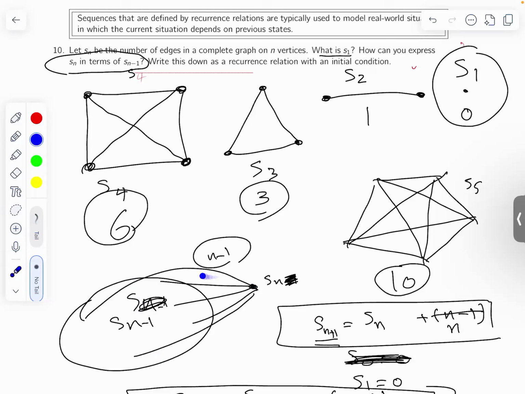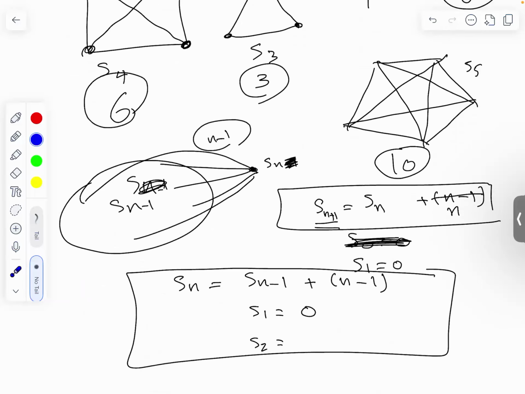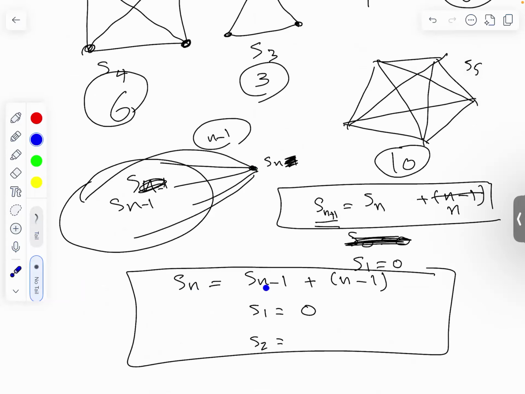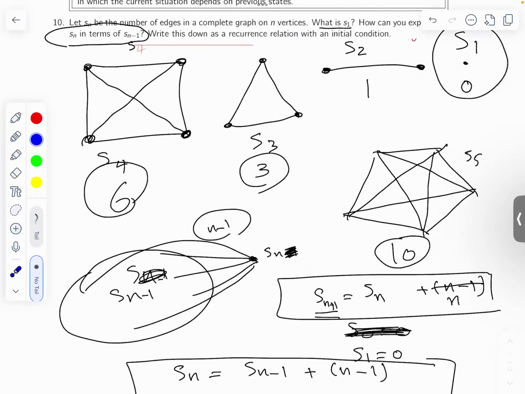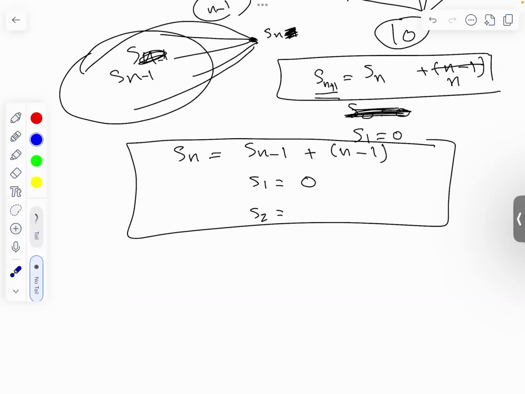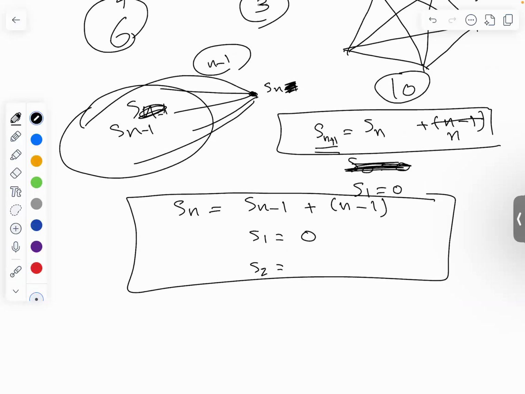So you will have to add n minus 1 edges. So the general solution will be Sn equals the previous number of edges, Sn minus 1, plus n minus 1. And S1 is 0 here. You can write S2, the initial condition. You can write S2, one of them as well. Okay, this is the answer to question 10.